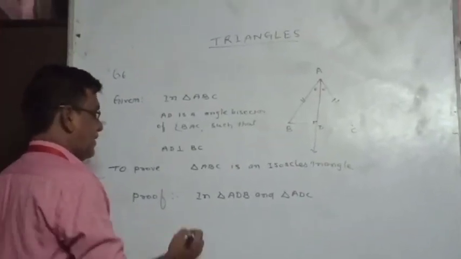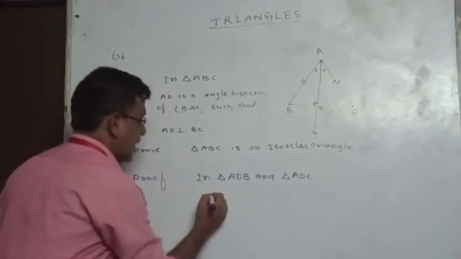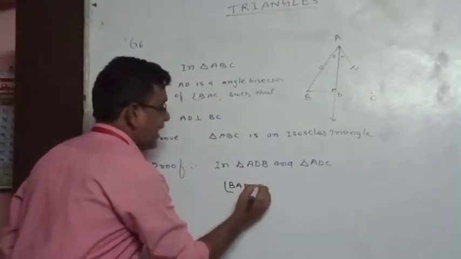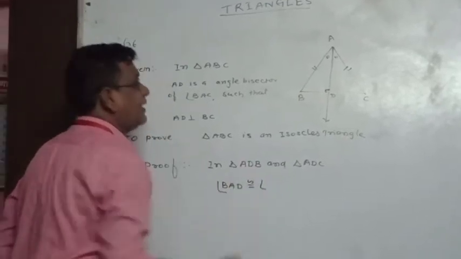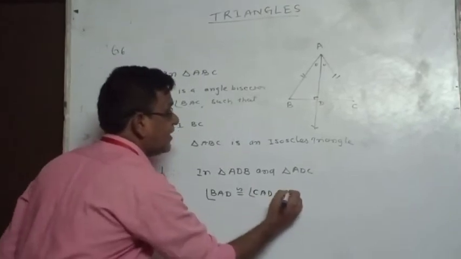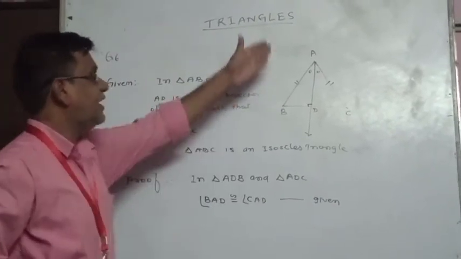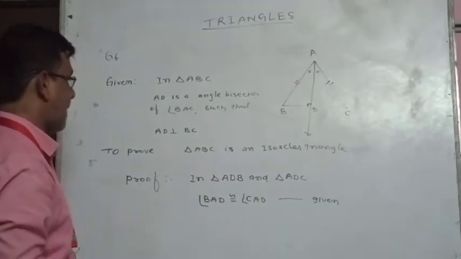We know that angle BAD is congruent to angle CAD. It is given, because AD is the angle bisector of BAC.